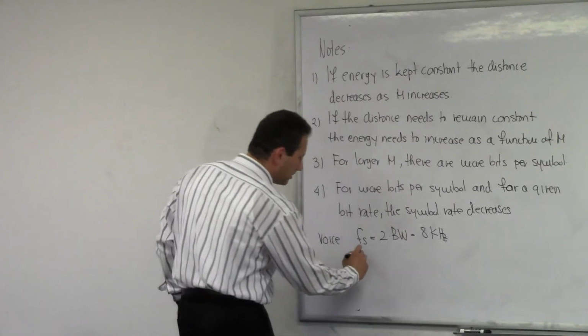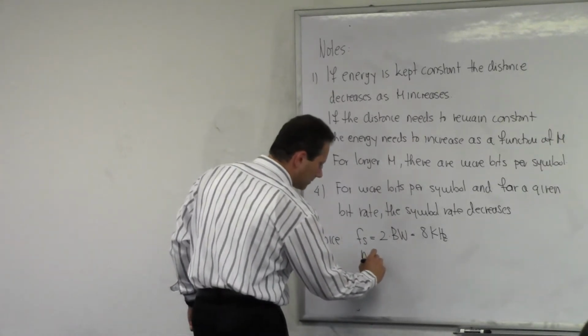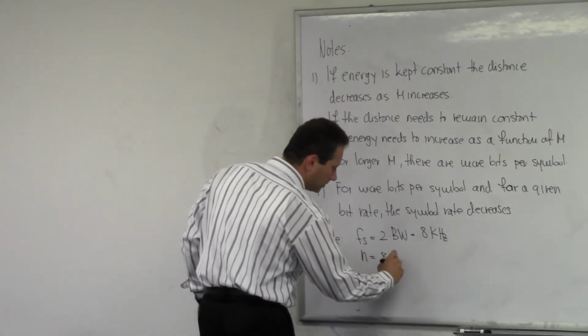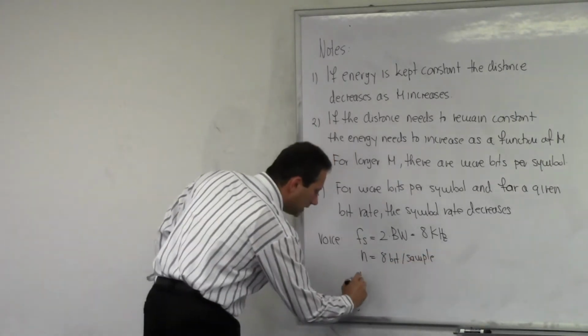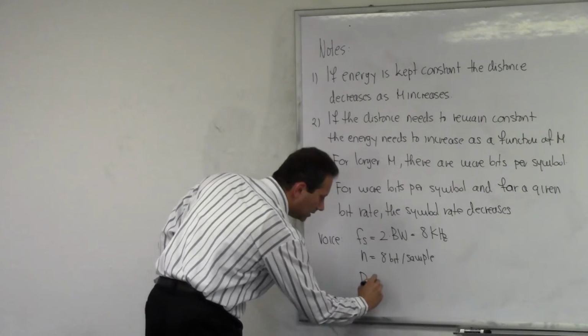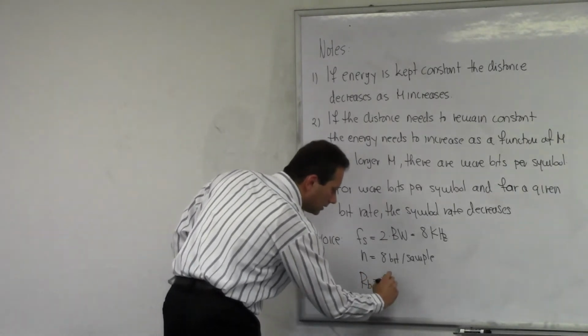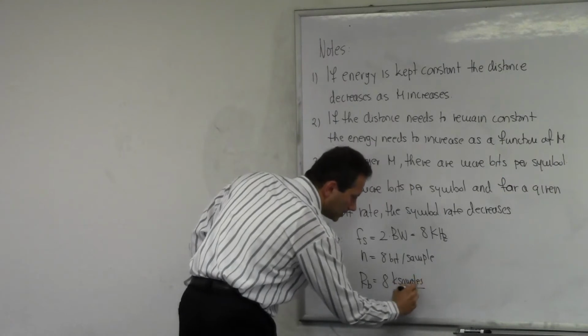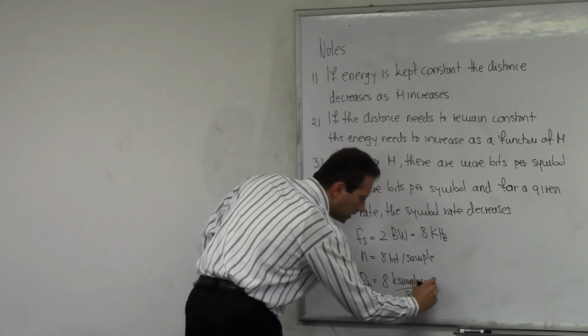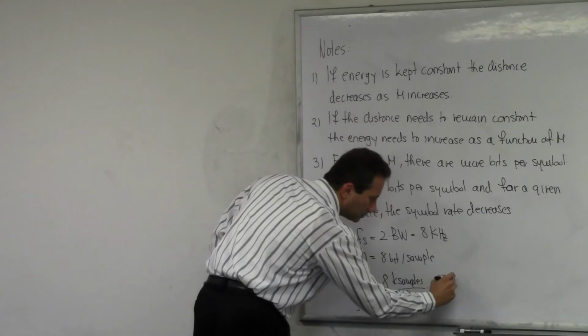How many bits per sample do we have? Usually 8 bits per sample. So the data rate, bit rate, is 8 kilosamples per second times 8 bits per sample.